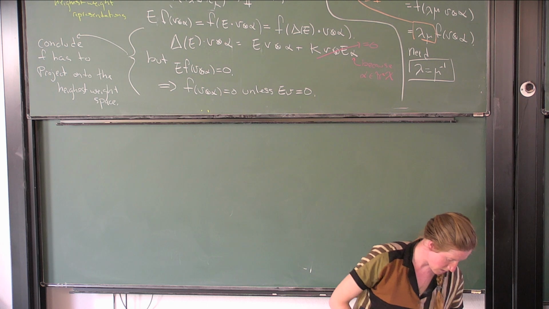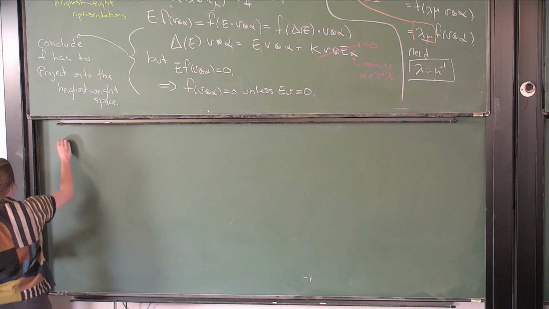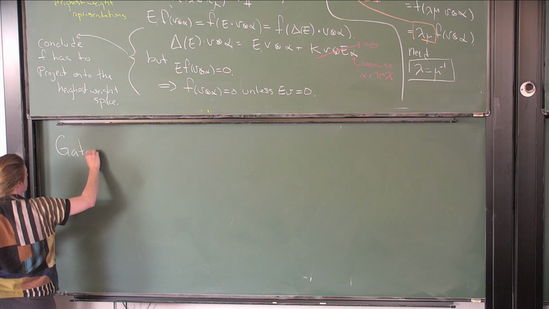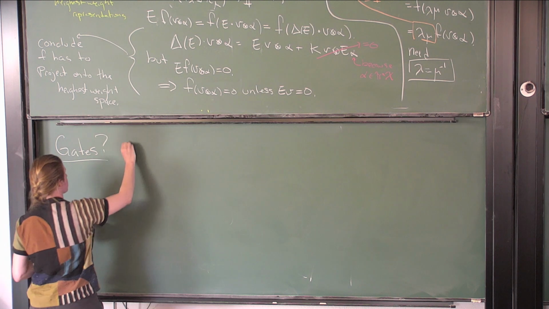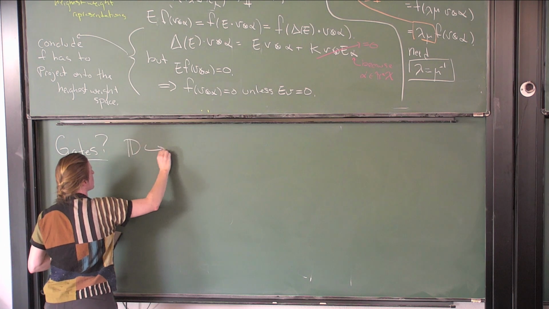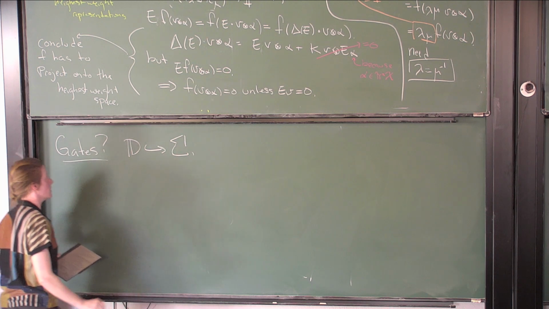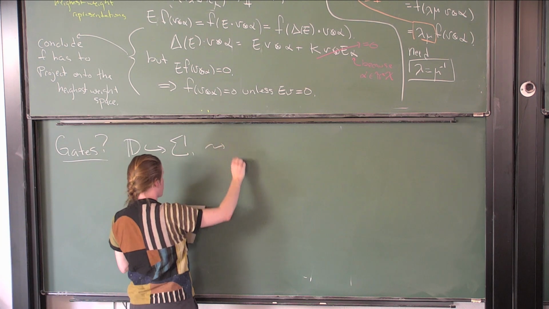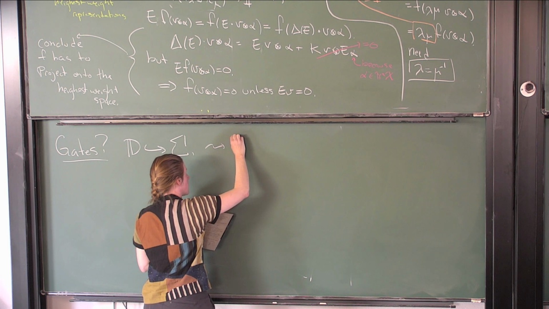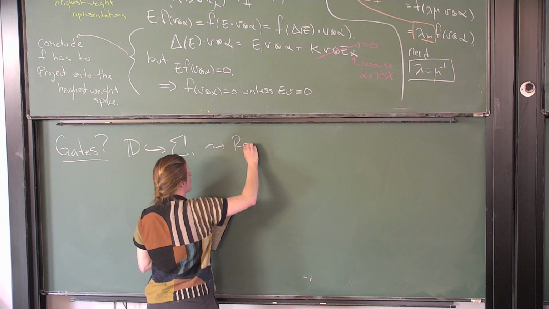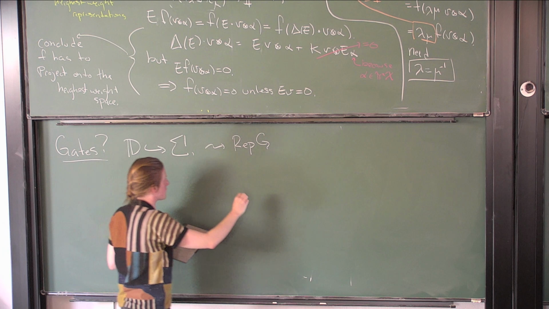So these were built from, I had some disk D embedding into sigma, right? In the classical setting, what this is going to give me is something that's going to be rep G, because the disk always gives me back whatever my coefficient category is.